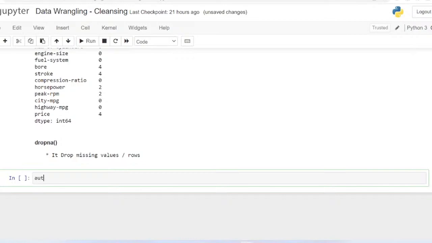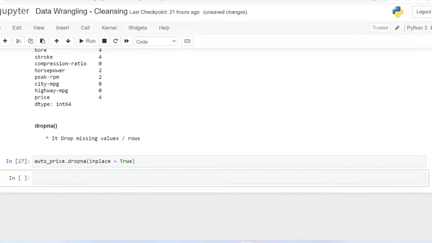Auto underscore price dot dropna, inplace equals true. This will drop all your missing values here.